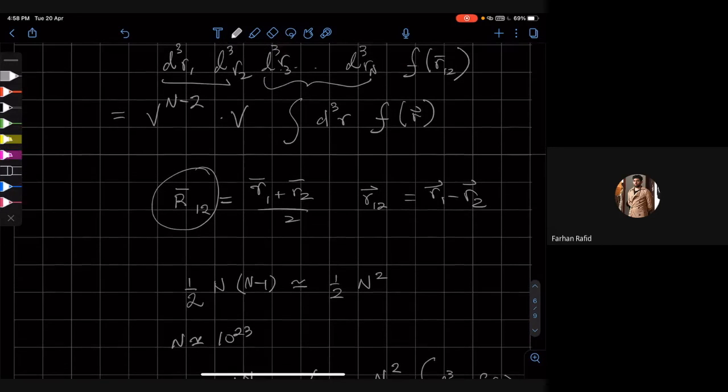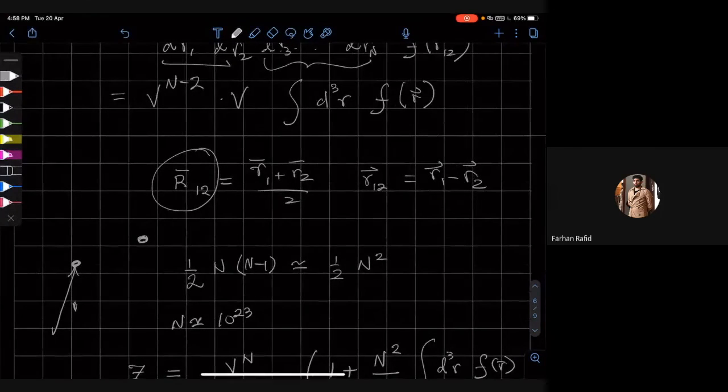Basically, if you have two particles, this is R1 and this is say R2, the position vectors, then their center of mass is somewhere here, and that's going to be the big R. Suppose you are in a coordinate system which moves with the center of mass, attached to it.